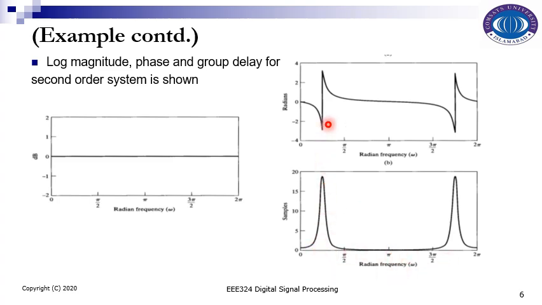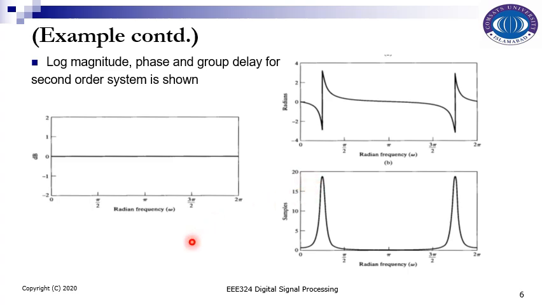And here the phase rises sharply, and so in the group delay plot we see a sharp rise over here also, and here the phase rises abruptly, so its derivative will also have a high value, and so this is our group delay plot for the second order system of our example. And here the group delay is about 18 samples.